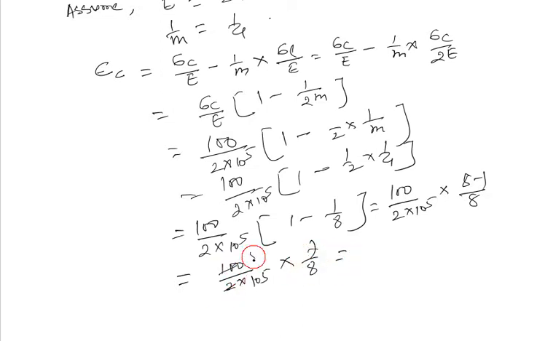This 50, 25, 4, correct? So 25 into 7 by 4 into 10 to the power 5.